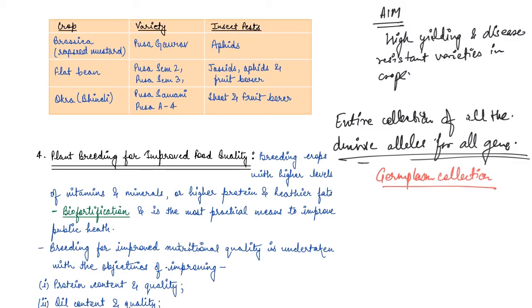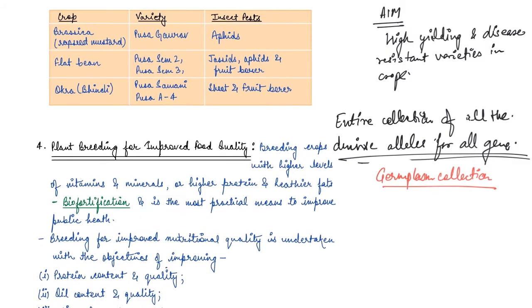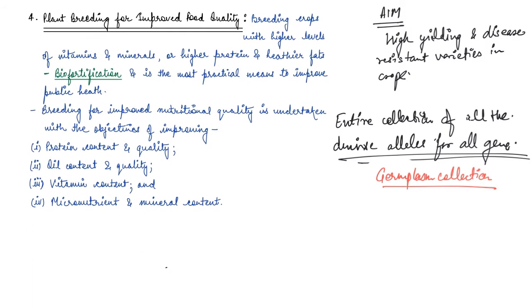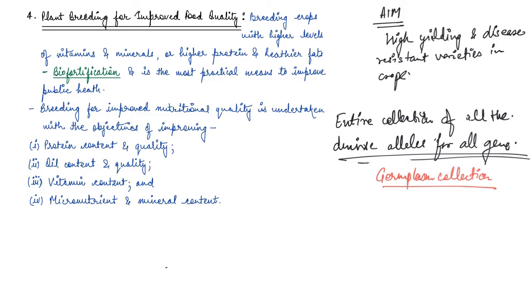Then, plant breeding for improved food quality. Now if you want to improve the quality of food, say with higher levels of vitamins, minerals, or whatever type of biomolecules your body requires, you can even breed plants for improved food quality, right? Now what we do is biofortification, right?